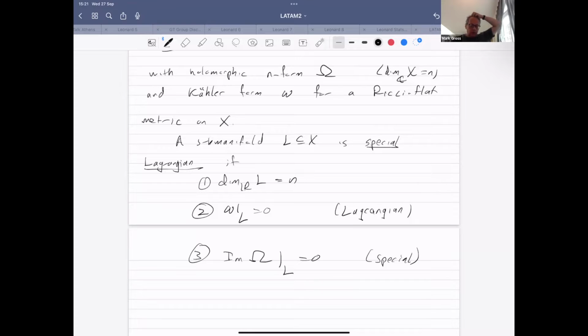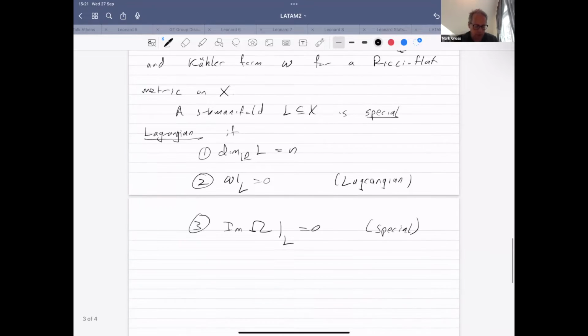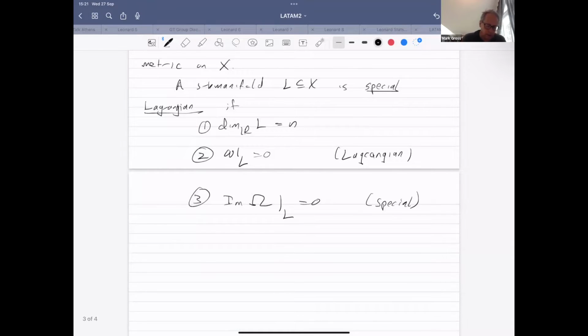Being Lagrangian is a fairly soft condition. It's easy to find Lagrangians. It's actually very hard to find special Lagrangian submanifolds. These are volume minimizing. Special Lagrangians, usually abbreviated as slags, are volume minimizing in their homology class.